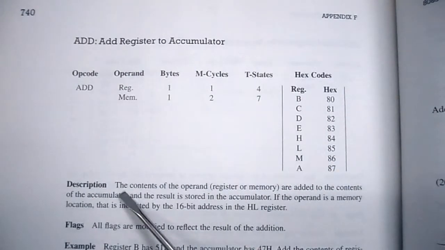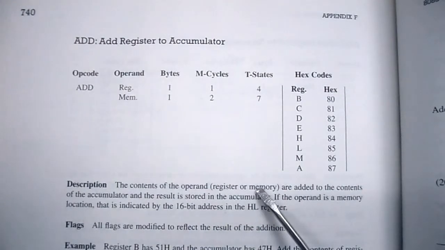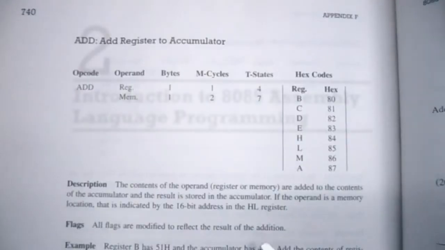The description says the contents of the operand, register or memory, are added to the contents of the accumulator, and the result is stored in the accumulator. If the operand is a memory location, that is indicated by the 16-bit address in the HL register pair.